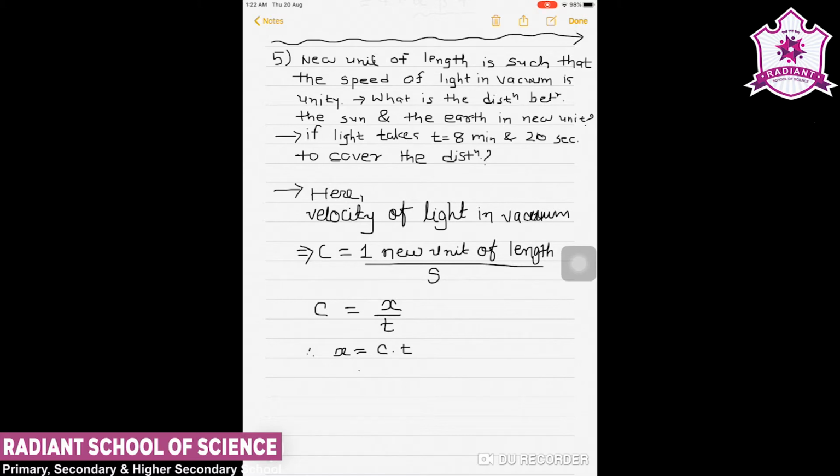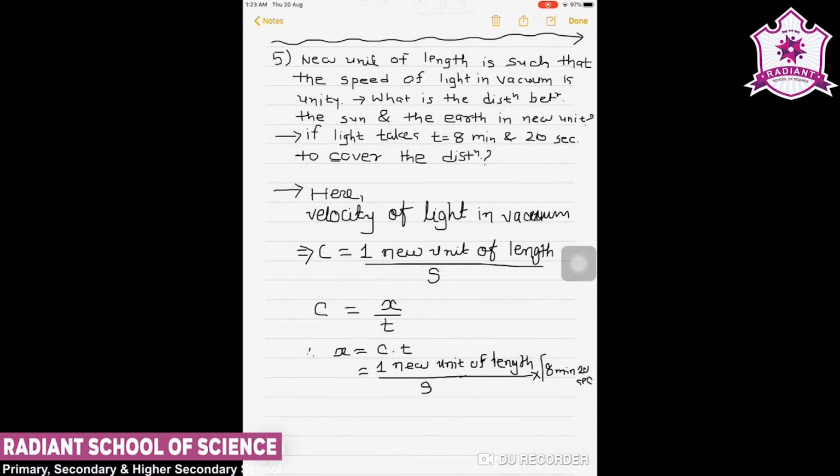Now c is what? That is the new unit of length. So obviously we can simply say it is 1 new unit of length upon second, into the given time, that is 8 minute into 20 second.